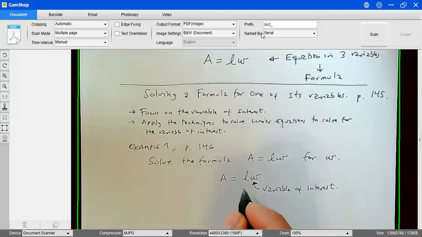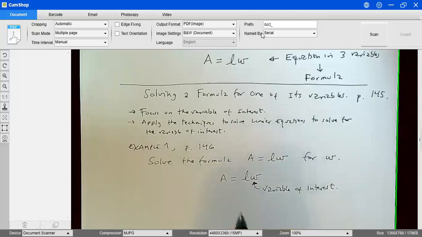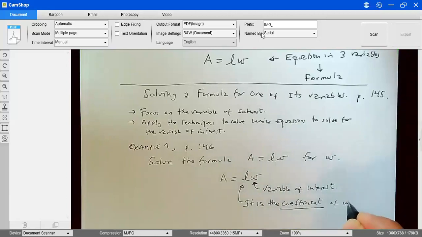So what is L with respect to W? L is the coefficient of W. It's just a number multiplying your variable, so it's the coefficient of W. How do you solve for W in this case?